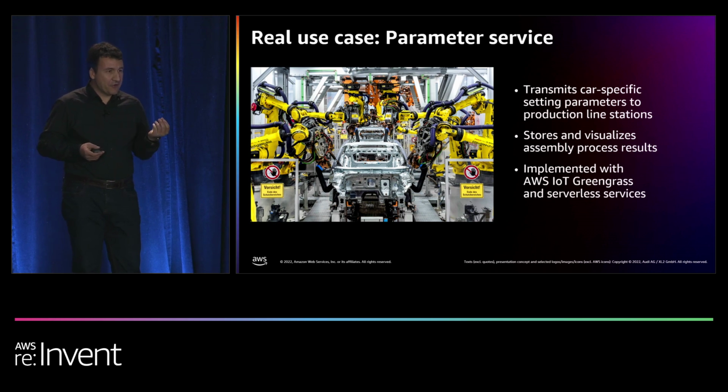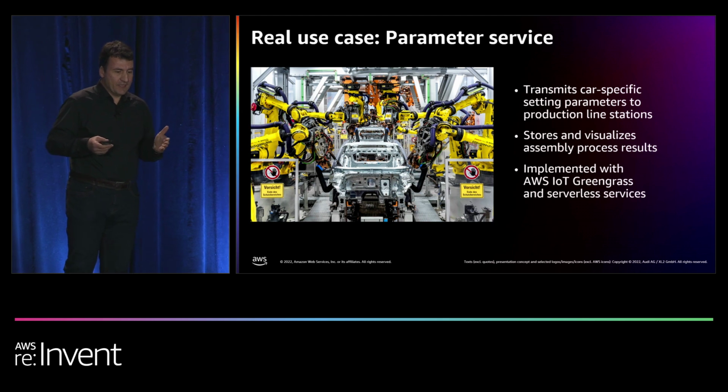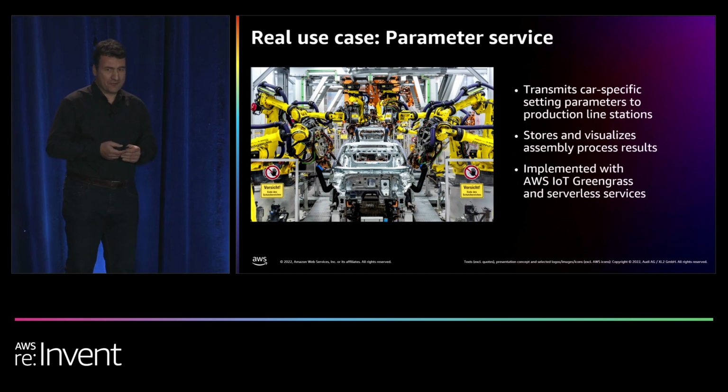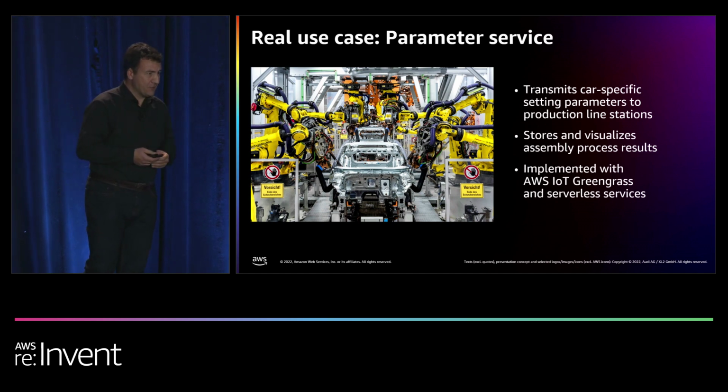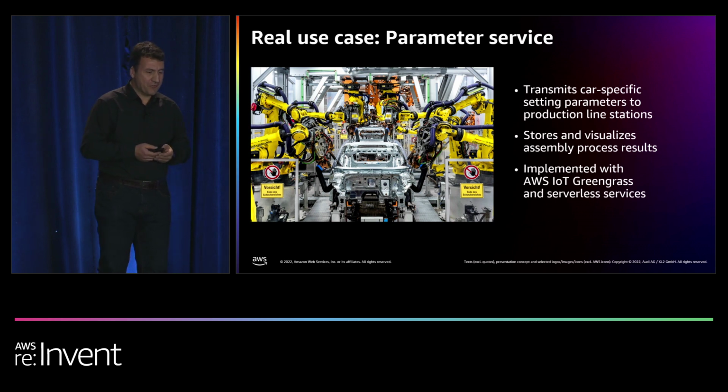This is very specific for each car model, and therefore all those stations need these settings so that they work correctly. In the past, this was done with USB drives, so people had to go to the machines and do it there. This is really a cumbersome process.